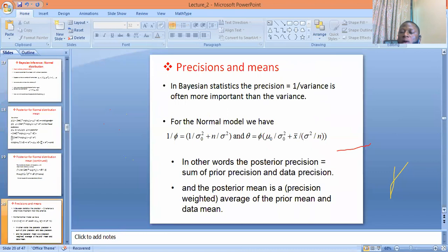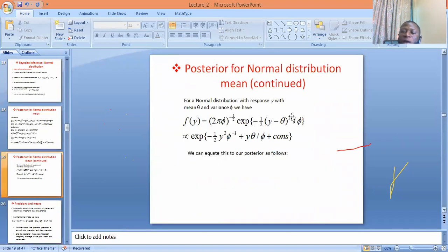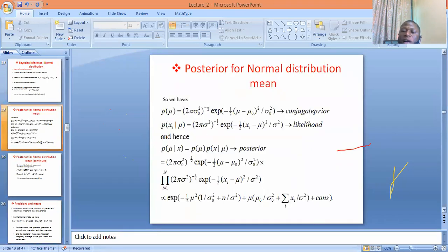Yes, so I said that you are grouping like terms. Whatever is remaining, which is not in terms of the mean, is a constant. You group the terms that have mean square, you group those that are just having the mean, and whatever is remaining and is not in terms of the mean is a constant.